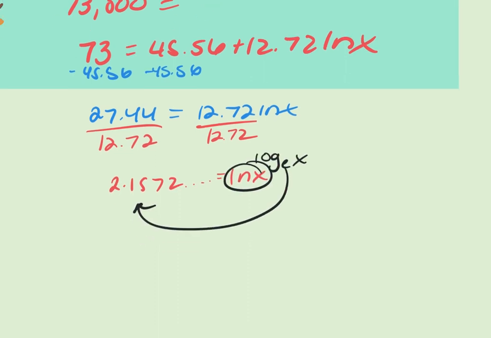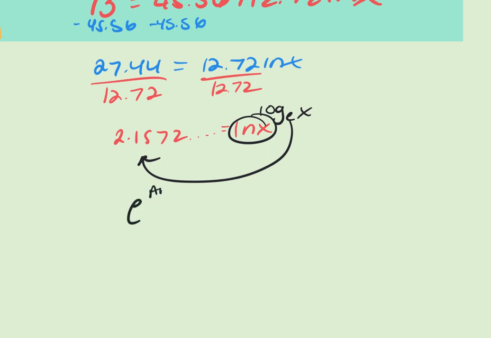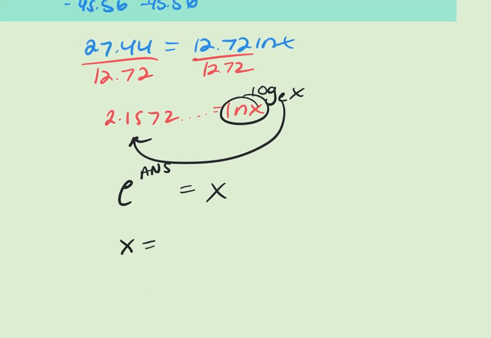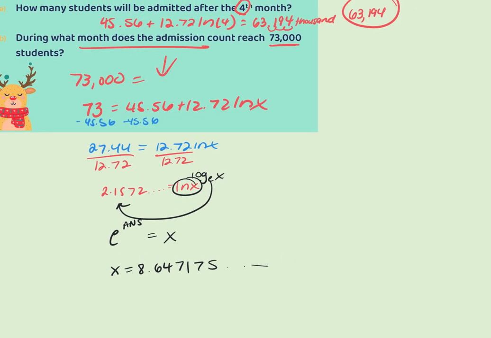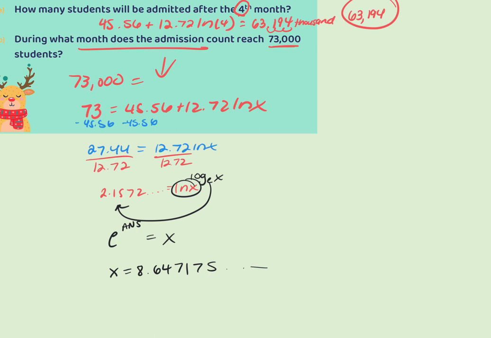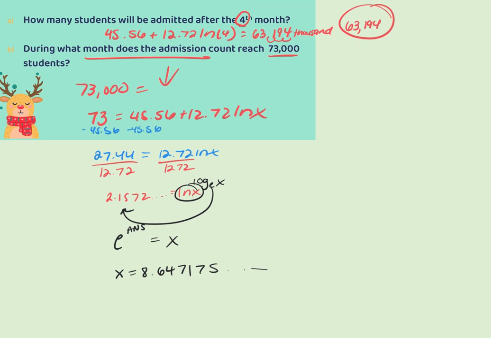And e is going to come and pick that up. To keep it exact, I'm going to keep the answer as my exponent. So e to the second answer. And I get 8.64717, whatever. Okay. And this is what unit? Months. Is months in thousands? Like, would I move that decimal?